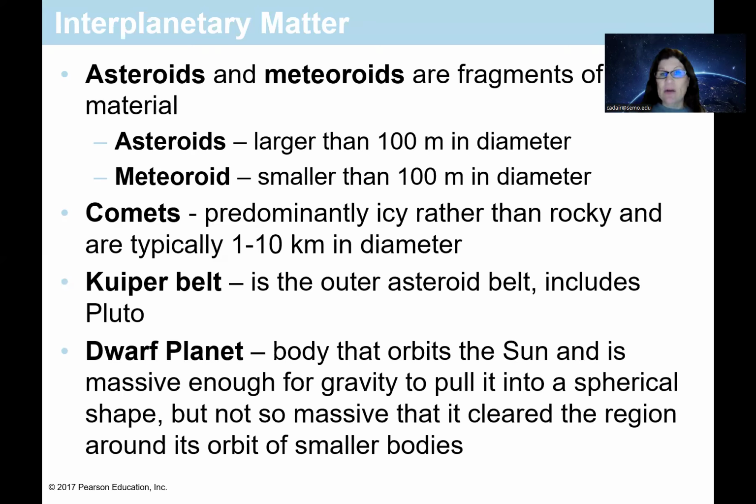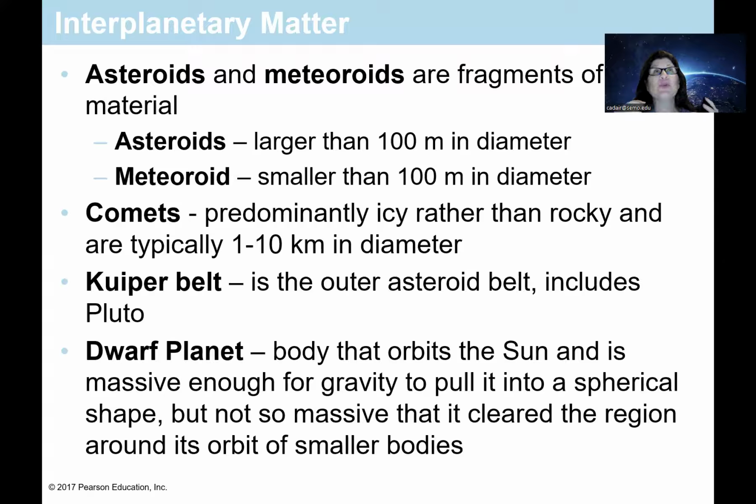Comets are predominantly icy rather than rocky, and they're typically 1 to 10 kilometers in diameter, so they're pretty big. The Kuiper belt is the outer asteroid field, basically, and it includes Pluto. And then a dwarf planet is a body that orbits the sun, is massive enough for gravity to pull it into a spherical shape, but not so massive that it cleared the region around its orbit of smaller bodies.